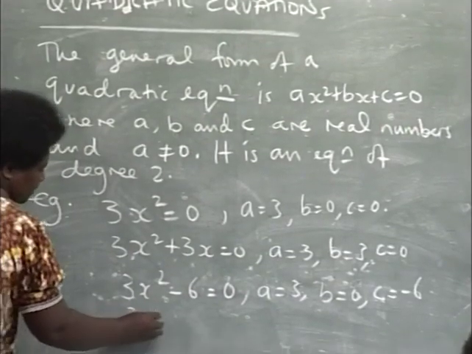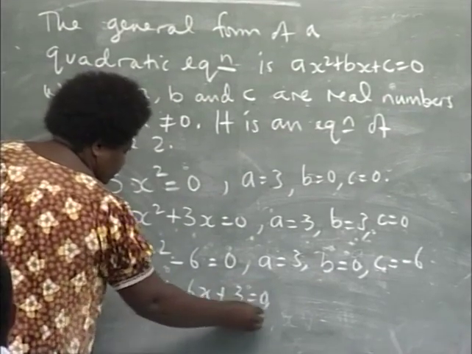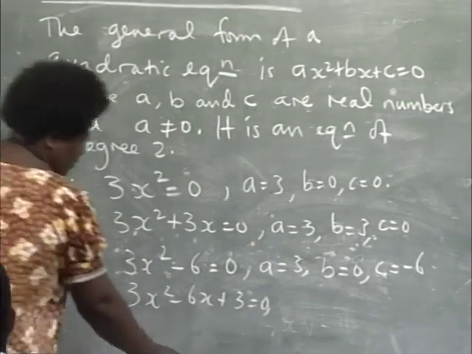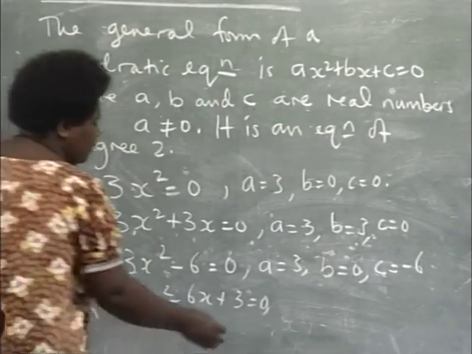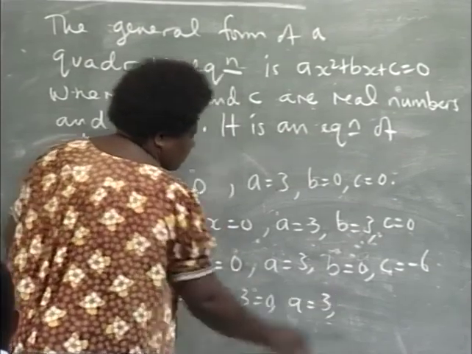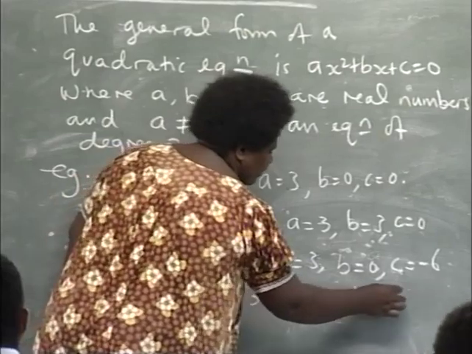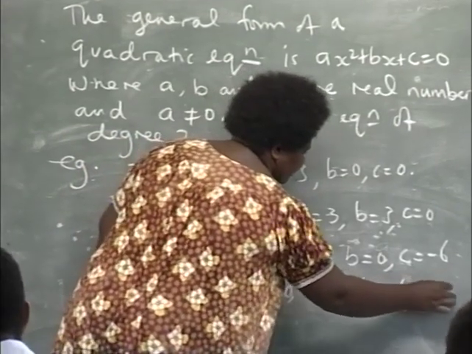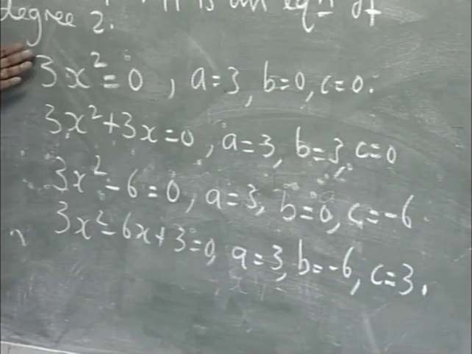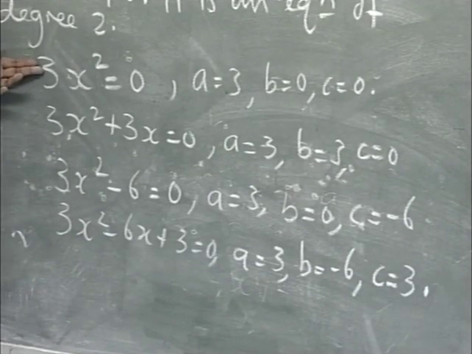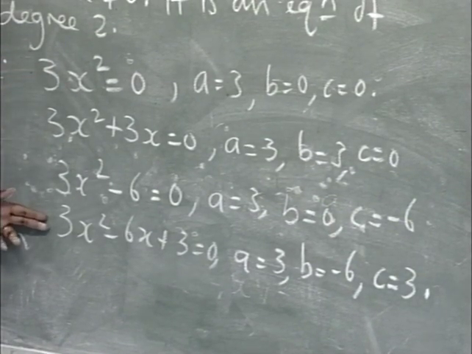Right, the last type, 3x squared minus 6x plus 3 equals 0. This time, a is 3, b is -6, and c is +3. So there will be times when the equations will be written in any of these ways.